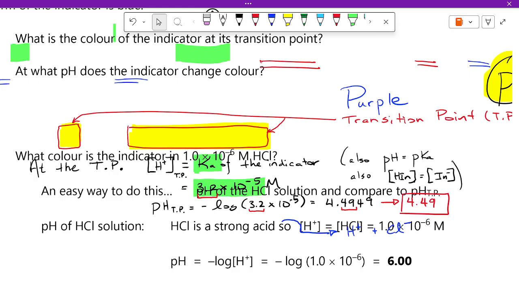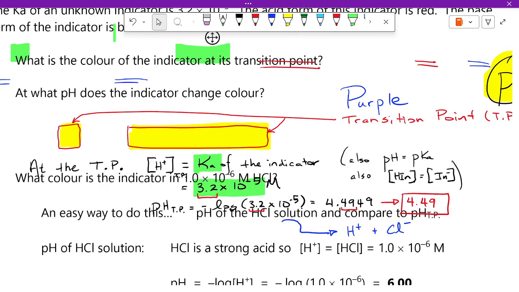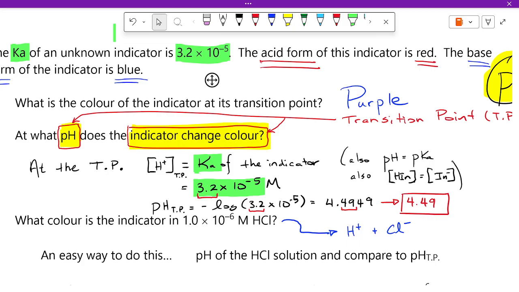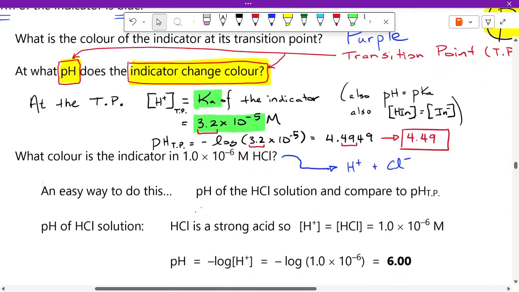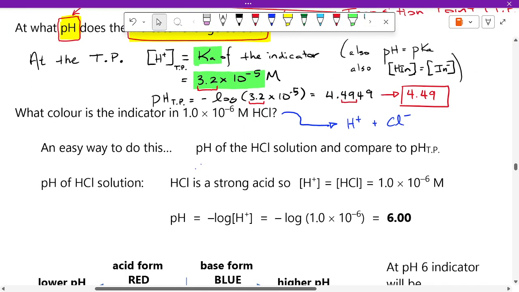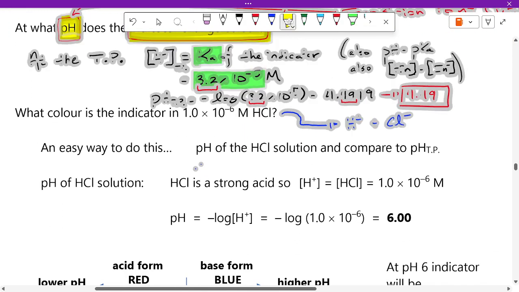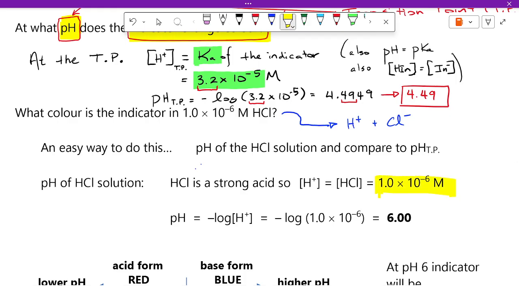So we have the concentration of hydrogen is 1.0 times 10 to the negative 6, and then the pH is 6.